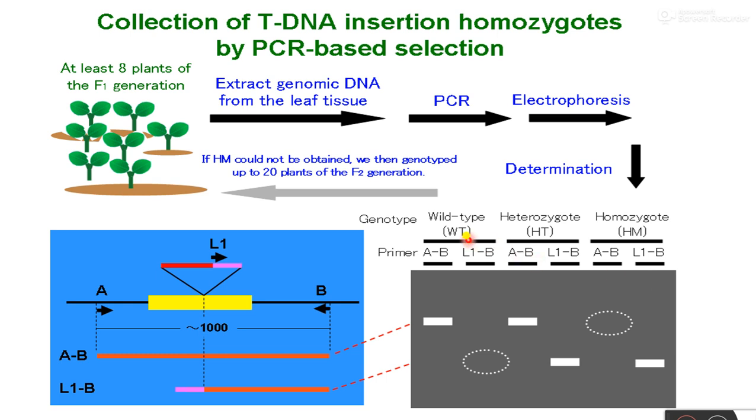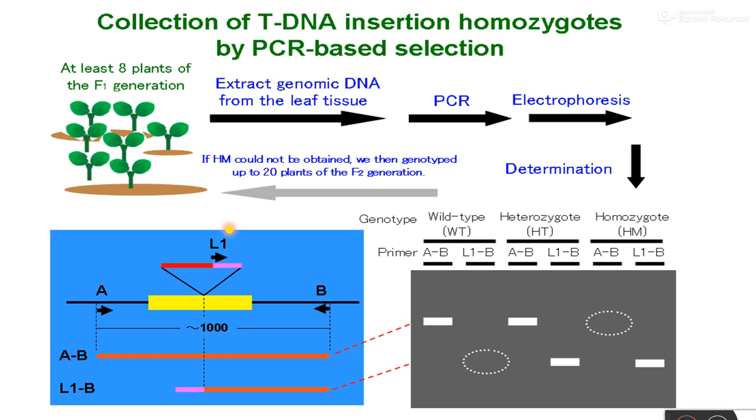So in case of wild type lines, we are supposed to get only one band, and that is due to the amplification from the region of A to B, and that is of the size of 1000 base pair, because in wild type lines, in both the homologous chromosomes, that particular gene is non-mutated, right?